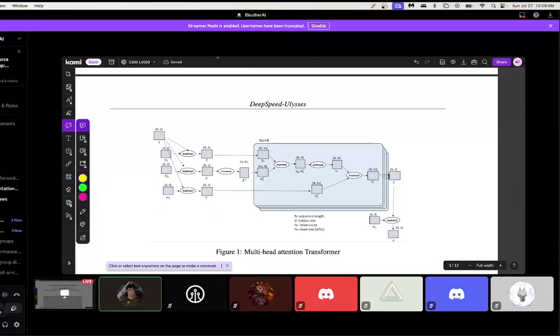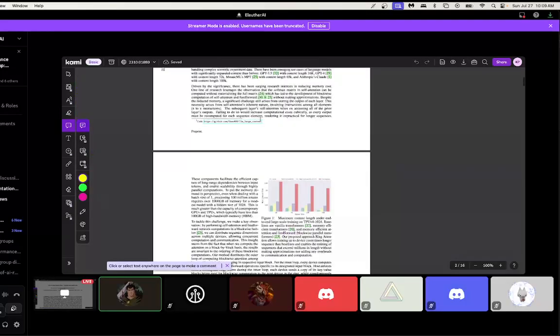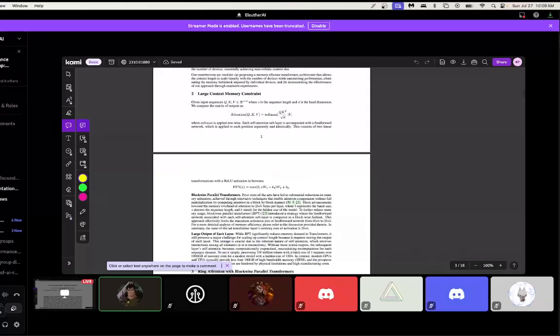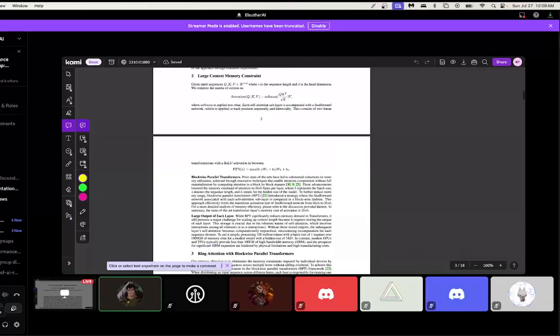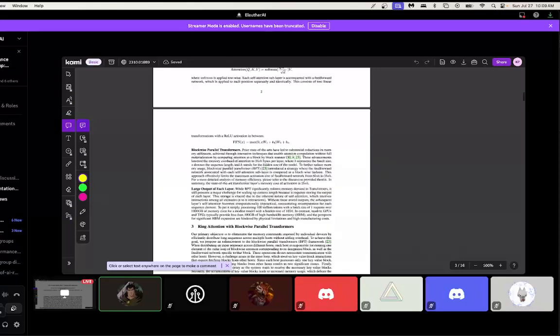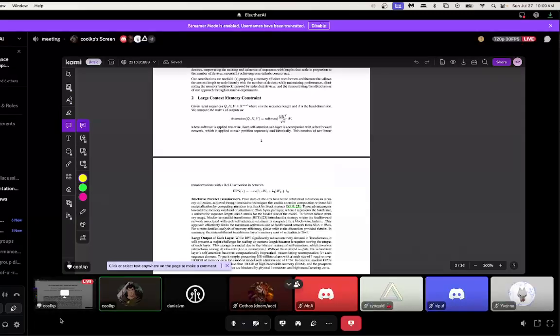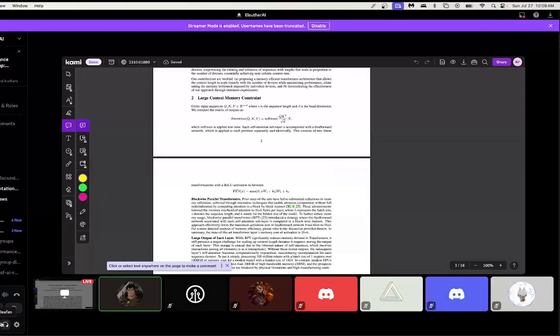And in ring attention, I think we have seen that we do an online softmax, and we arrange the devices in a ring where each device computes a partial numerator and denominator of the attention op for a partial sequence, and then passes it on.